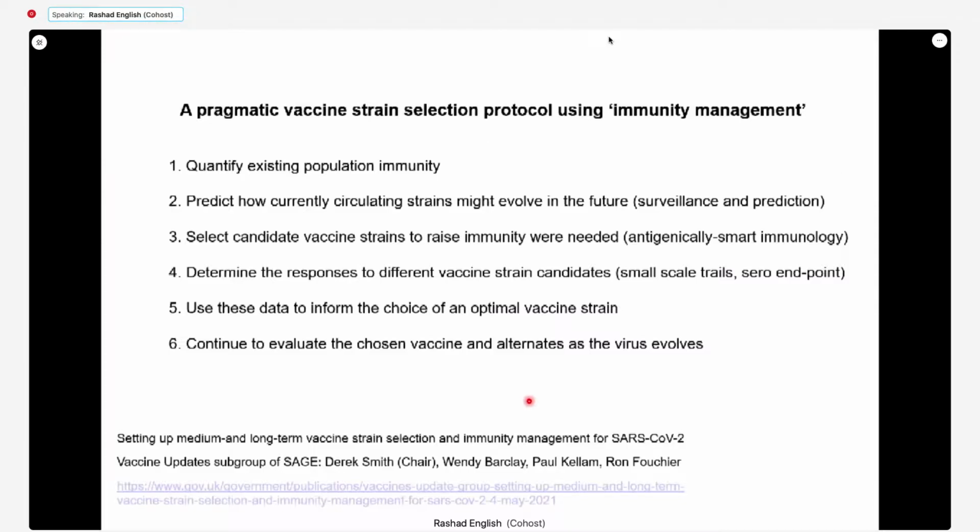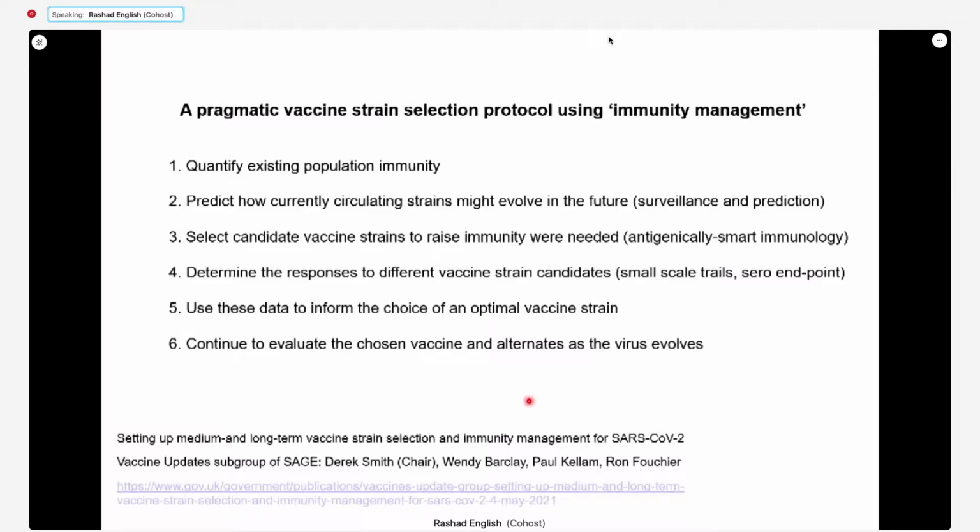This is stuff that, as we talked about in the antigenic evolution breakout on Saturday. This immune surveillance is something that is done some by the WHO system, but there's a great deal more that can be done because, of course, this is still a selection pressure on the virus.